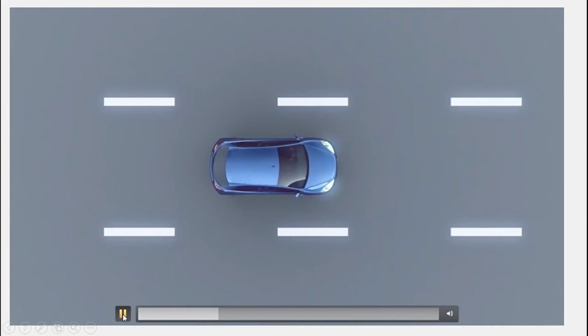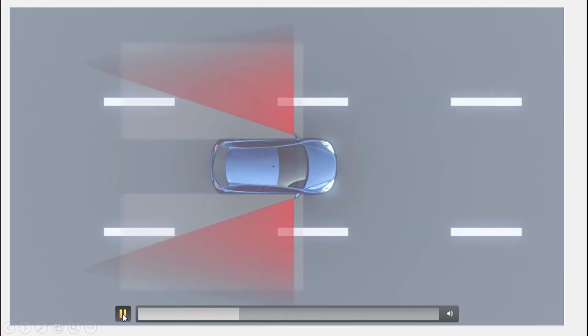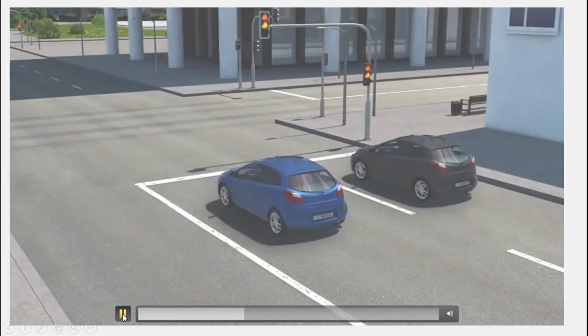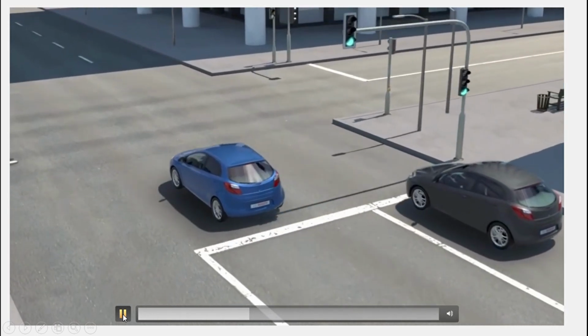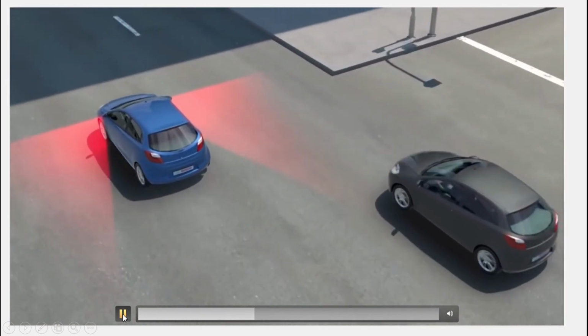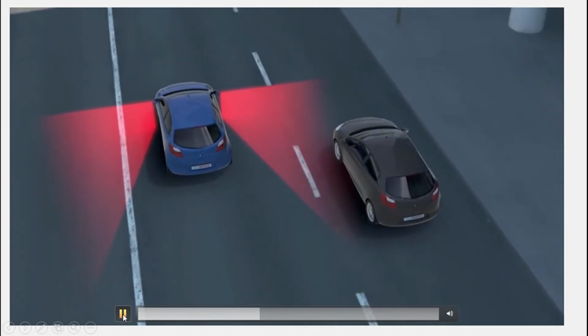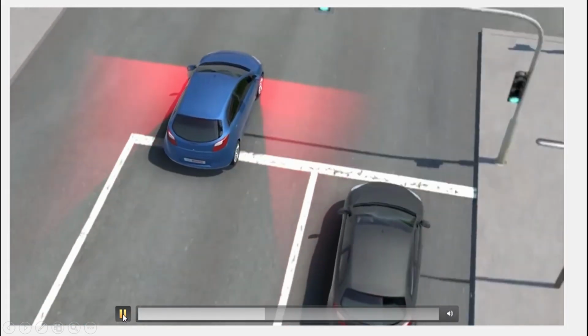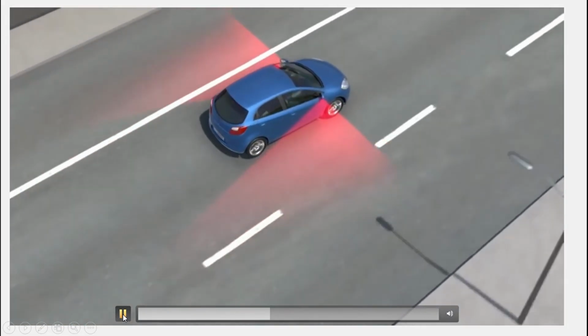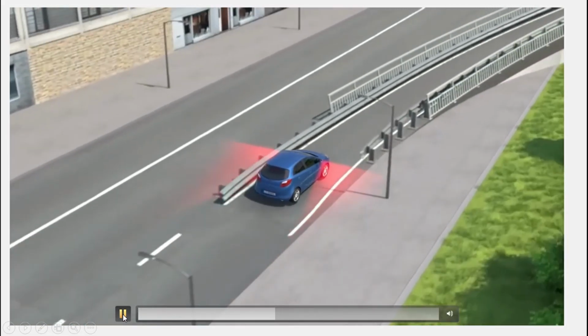The sensors monitor the traffic in the neighboring lane in a 3-meter area alongside and diagonally to the rear, covering precisely the dangerous blind spot zone. The system is activated from walking speed and supports the driver in complex traffic situations at speeds of up to 180 kilometers per hour. It is thus especially suited for use in urban traffic.